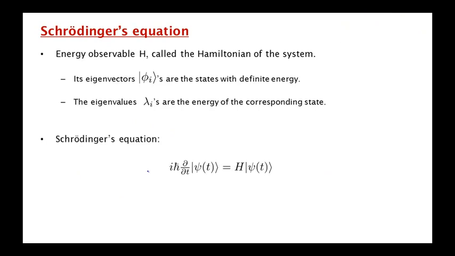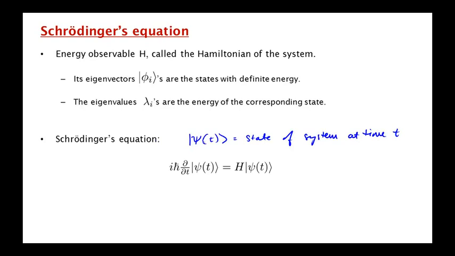Okay, so now in terms of this Hamiltonian, Schrödinger's equation is a differential equation that tells us how the state psi of t, the state of the system at time t, evolves in time.